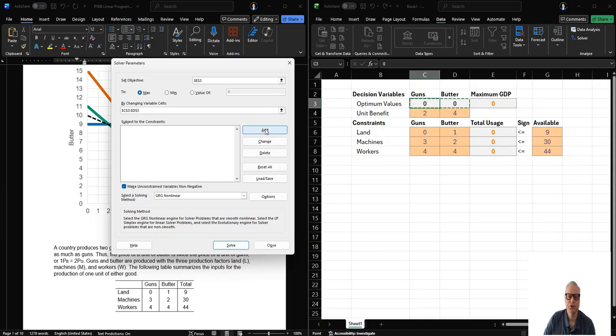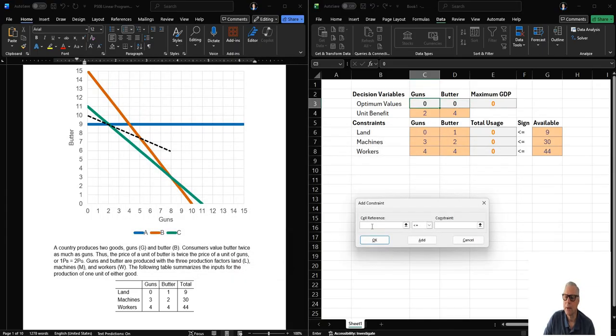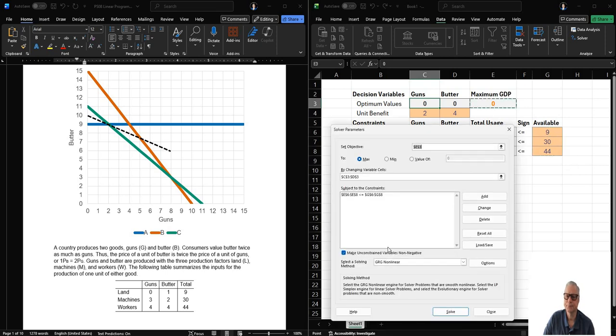Subject to the constraint, we add. And now again I can use the shortcut because those signs are all the same. I can just drag it down, and then for the constraint, okay. Then we want to make the unconstrained variables non-negative, and we use simplex.